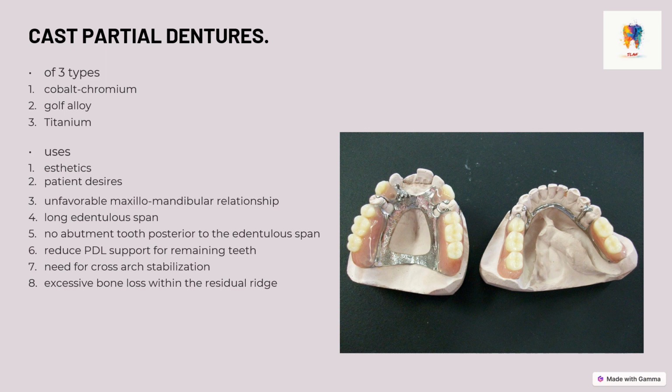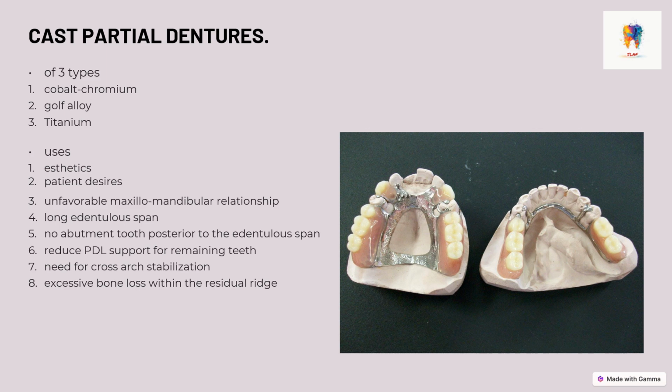So what is an abutment tooth? Basically a tooth from where the prosthesis is taking support. So if a patient doesn't have an abutment tooth, or a tooth from where it can take support for the denture, he can also be given the cast partial denture. Reduced periodontal support for remaining teeth: the teeth that are already present in his mouth, that don't need replacement, have less periodontal support.